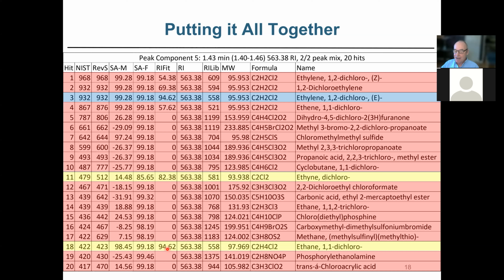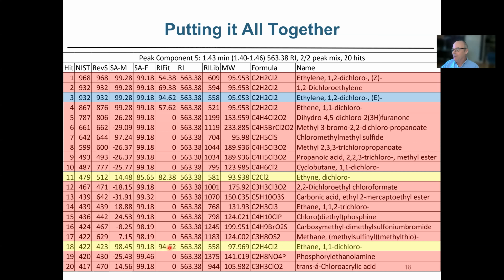But then I go down here, and you'll see that this is interesting. This compound has a lousy search, so it's certainly not the right compound. It's got a reasonable spectral accuracy, although it's not as good as the top match there. That's a confirmation of the formula. But the mismatch is too far off, so it gets a yellow.